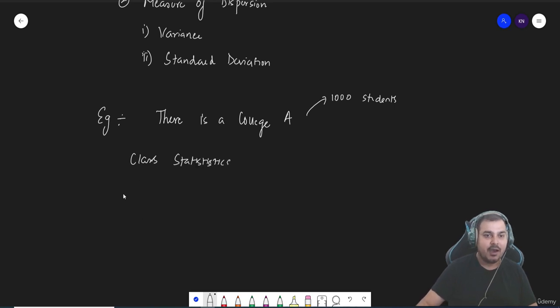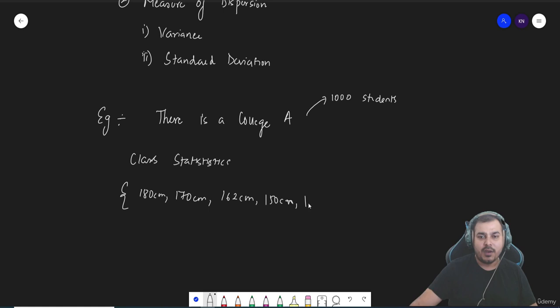And now I have randomly picked up some ages of those students, or you can say heights of the students. So I'm picking up some heights of the students like 180 centimeters, 170 centimeters, 162 centimeters. Like this, I have randomly picked up some people over here. Let me write down some more information. So here I have 150 centimeters, 160 centimeters, like this. So I have picked up this sample of students.